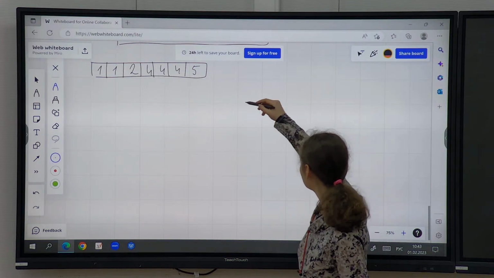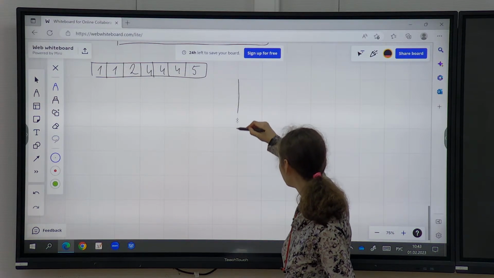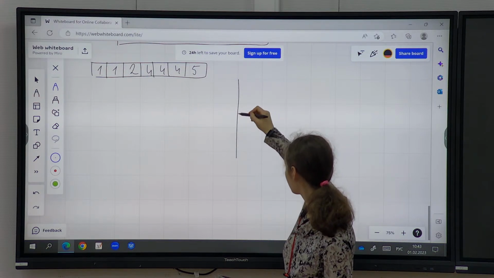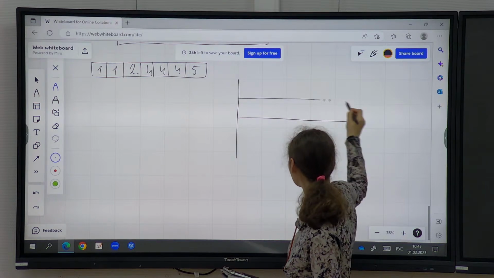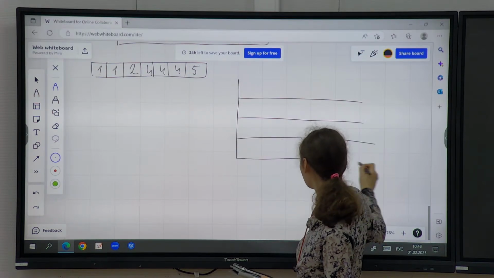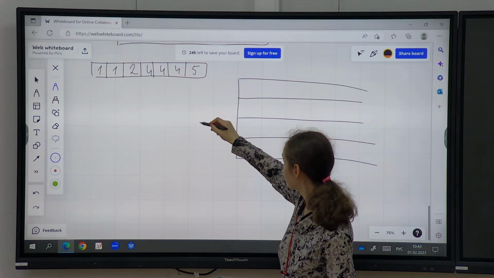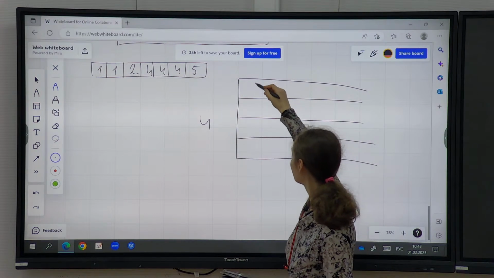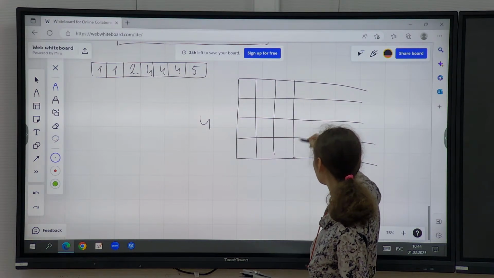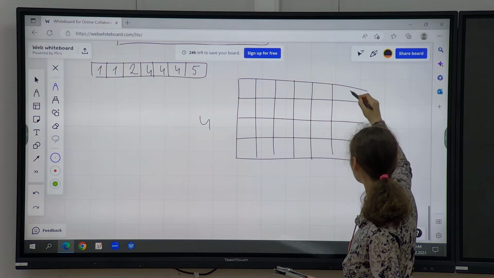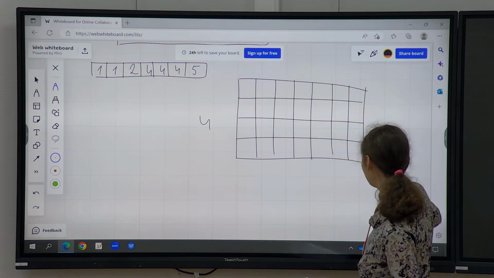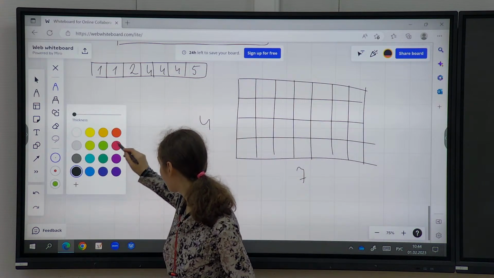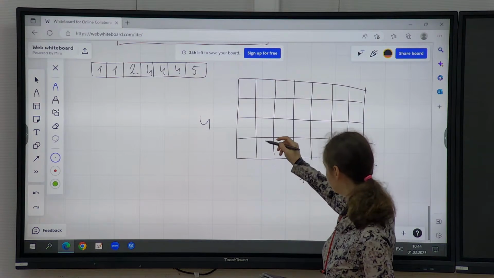Okay, so let me draw a coordinate lattice. Here it will be 4 by 7. 3, 4, 5, 6, 7. And put some weights on its edges.